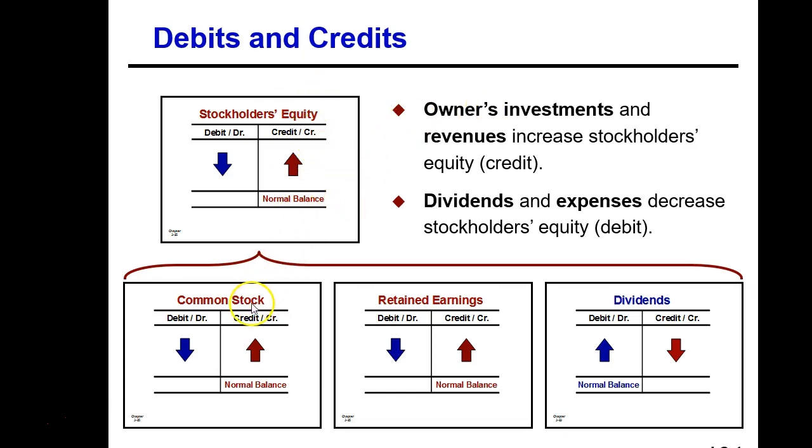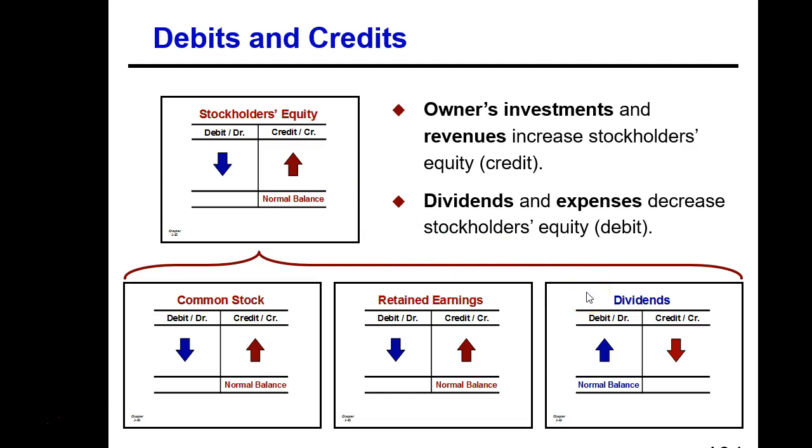When you think about common stock and retained earnings, these types of accounts will increase stockholders' equity. So it makes sense that they're going to increase on the same side, because an increase in common stock will increase your stockholders' equity. An increase in retained earnings will increase your stockholders' equity.